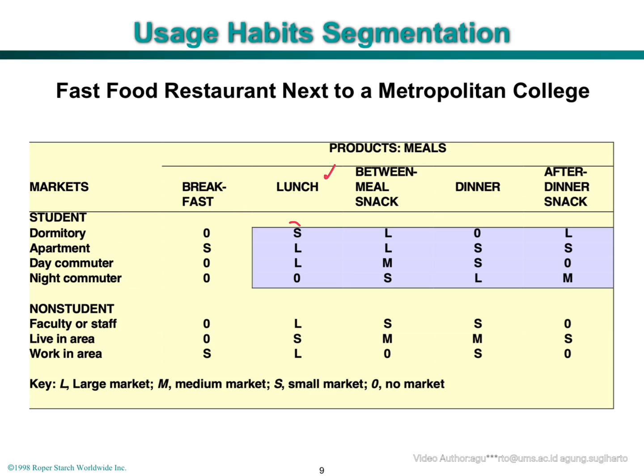Dormitory is small, apartment and day commuter is large, night commuter is 0, and the non-student is large, small and large, etc. Here they can mark the product meal for lunch, between-meal snack, dinner, and after-dinner snack.